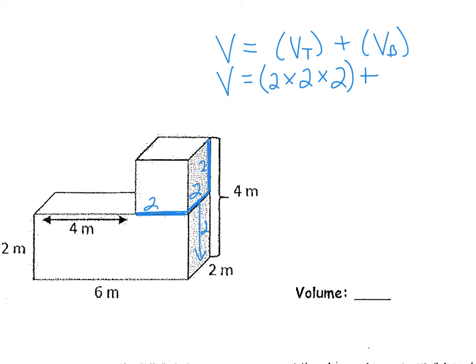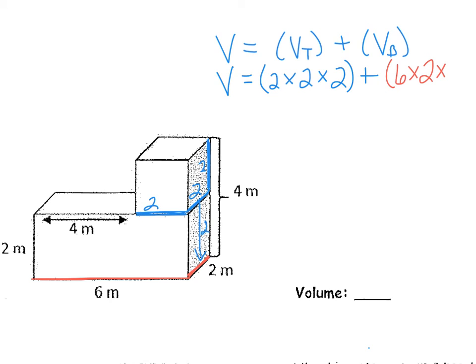So I have the volume for my top structure. Now I need to find the volume of the bottom structure, or bottom rectangular prism. So I've got to find my length. That's 6 times my width, which is 2, times the height.